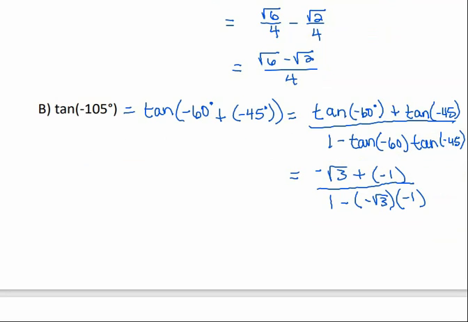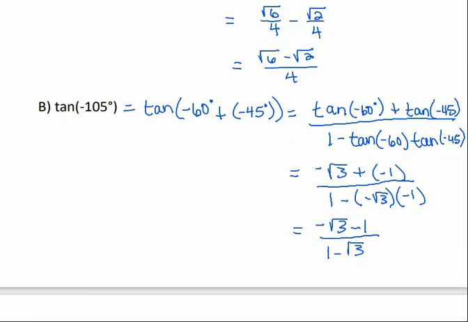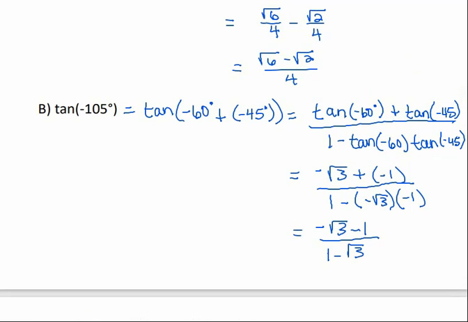That would give me negative square root of 3 minus 1 over, if I multiply these two together, that becomes positive, but it's 1 minus, so 1 minus the square root of 3.